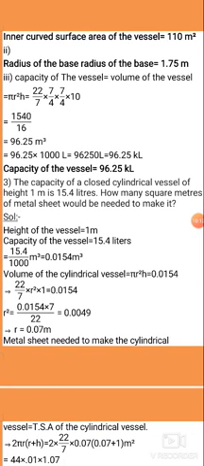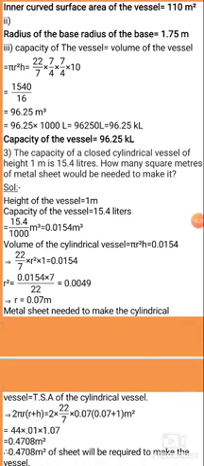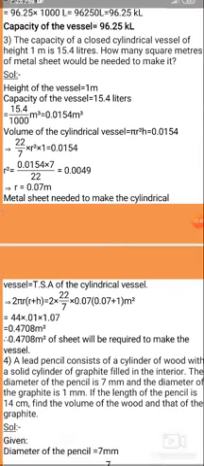Now we can cancel 0.07 and 7, that is 0.01. Now 22 into 2 is 44, into 0.01, into 1.07. Now multiply all that. At last we get 0.4708 meter square. Now the metal sheet required to make the vessel is 0.4708 meter square. Clear?